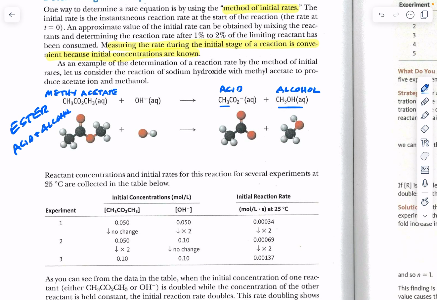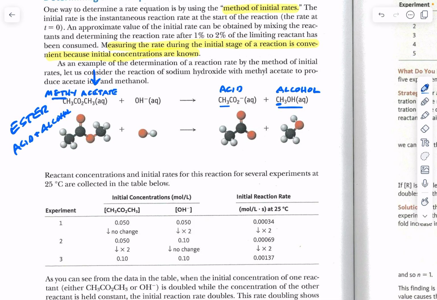My acid is going to be acetic acid, and so the name of the ester which it would come from is acetate. And the alcohol would be methyl alcohol, a 1-carbon alcohol. And that gives us the first name of my ester, if you remember your organic chemistry.